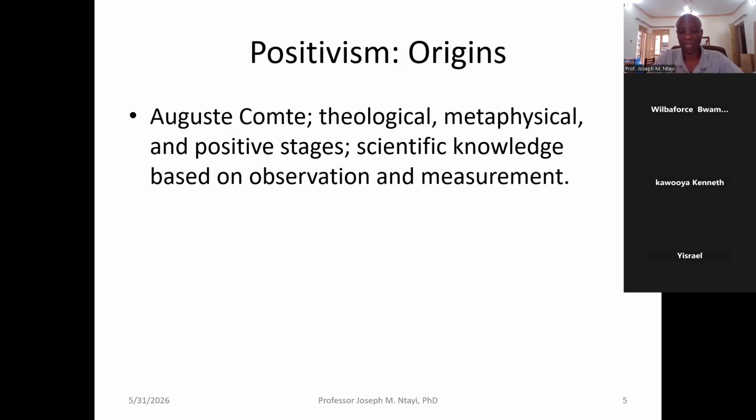And that's why Comte comes up with this kind of thinking that knowledge progresses through these stages: the theological, the metaphysical, and of course the positive, that is the scientific stage, or what we call scientific knowledge, which is based on observation and measurement. So of course, you know that Comte lived around, I think, 1853, up to some time.